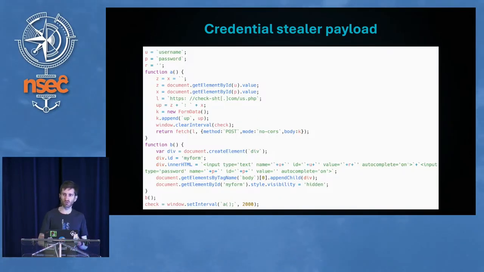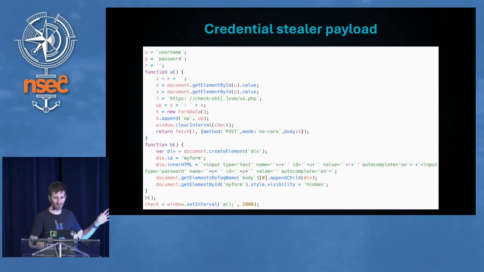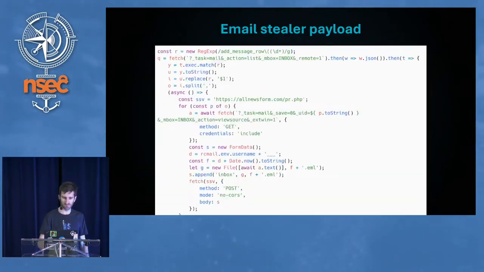I'm not sure about other password managers like 1Password, LastPass, etc. But probably the behavior is different from one password manager to another. But it works in some cases. And they also have an email stealer payload to steal all emails from the inbox and exfiltrate them by doing HTTP requests to the CNC server.